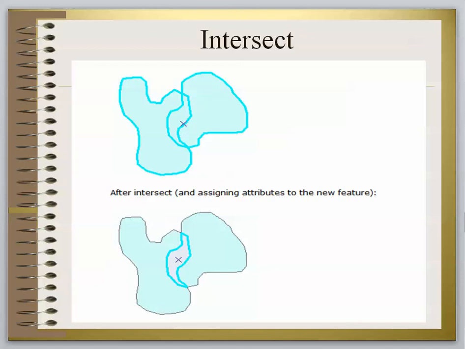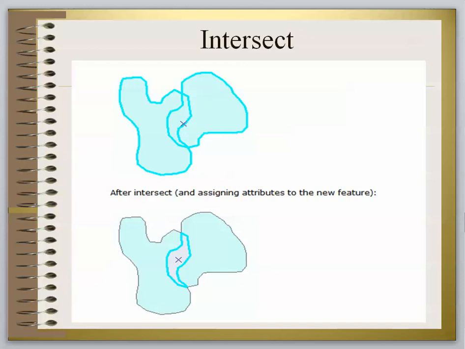Now you might be asking yourself, what's the difference between intersect and clip? Didn't it just clip something out right here? Well, yes, it did. However, with clip, when one object decides what is going to be removed from the area of another one, the original layer, the input layer's attribute table stays just that.